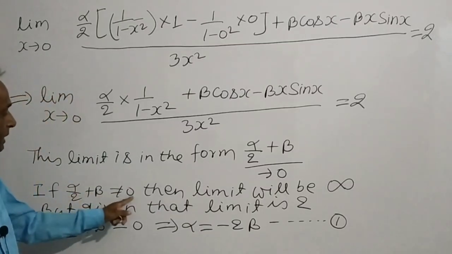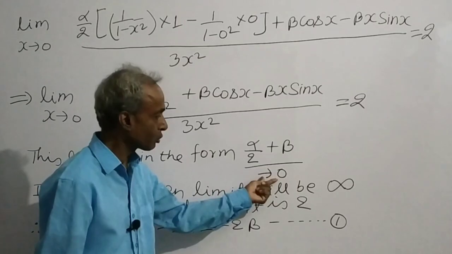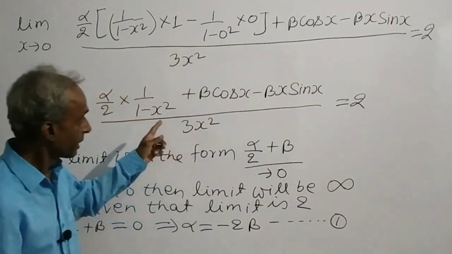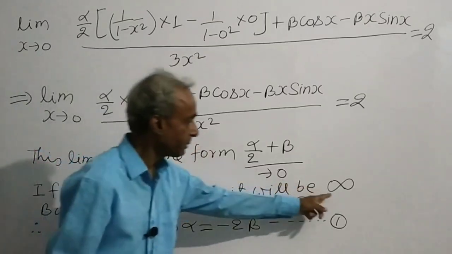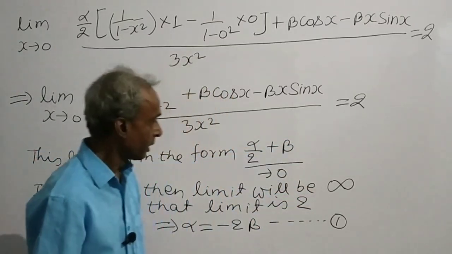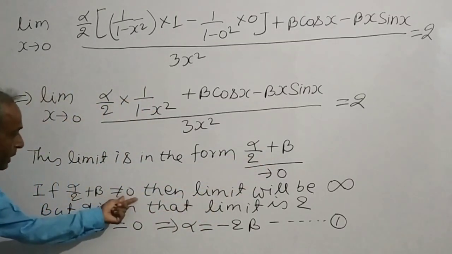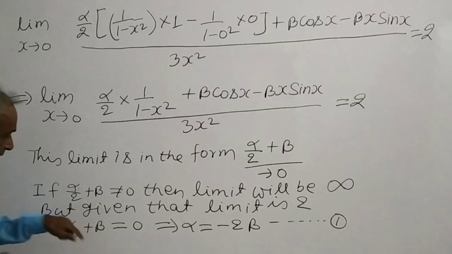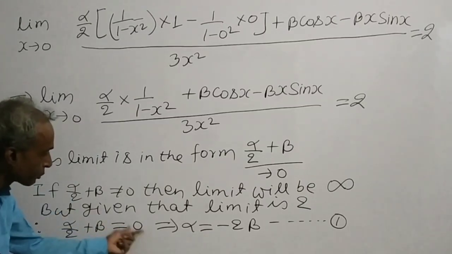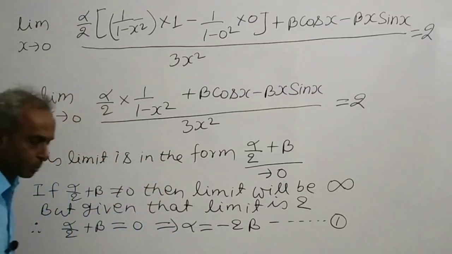If the numerator is not equal to 0, then non-zero by 0 tends to infinity. That means this limit will be infinity, but it is given that the limit is equal to 2. That means alpha by 2 plus beta not equal to 0 is incorrect. That means alpha by 2 plus beta must be equal to 0. Therefore, alpha will be equal to minus 2 beta.